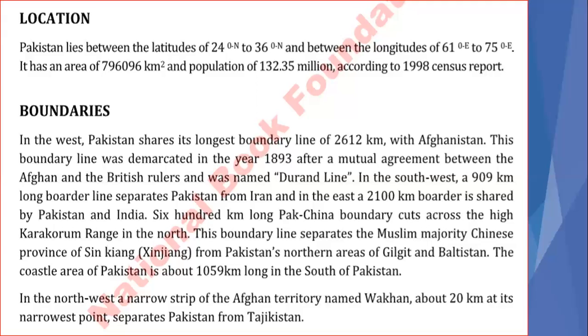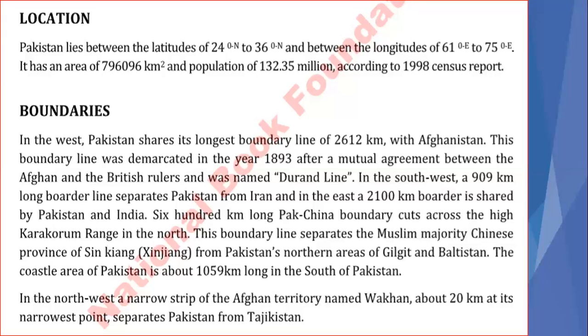The 600-kilometer-long Pak-China boundary, Pakistan and China, the neighboring countries and the best friends all the time in history, cuts across the high Karakoram range. The Karakoram range, between Pakistan and China, has a road constructed, which we also call the Silk Route.